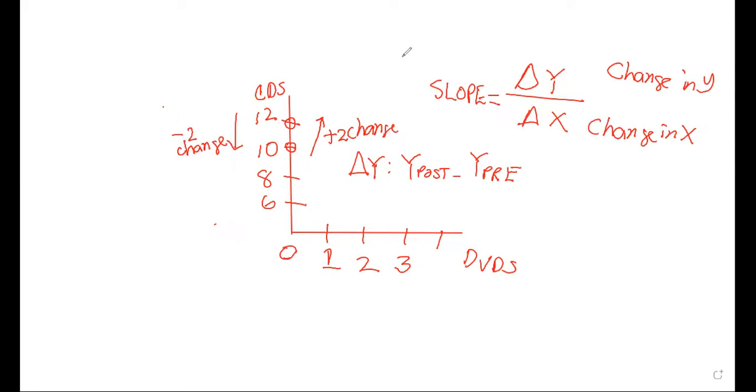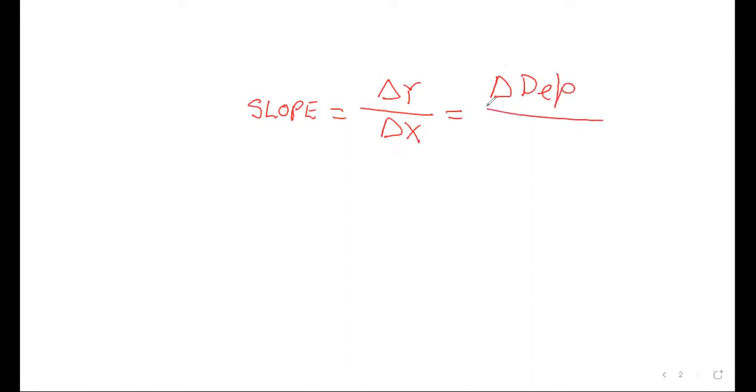Yes, sir. Okay, so now what we want to see is slope calculates del y by del x. More generally, slope calculates change in dependent due to change in independent.